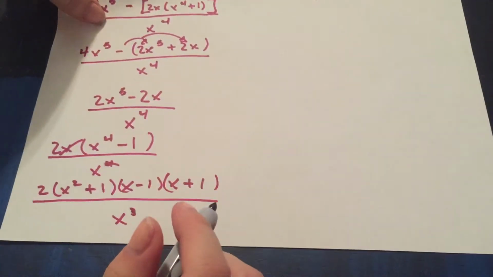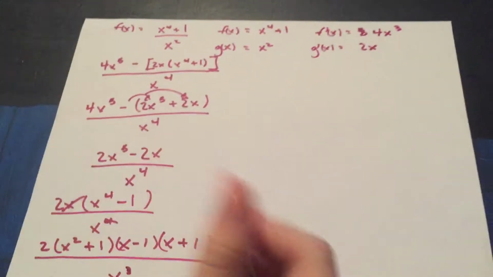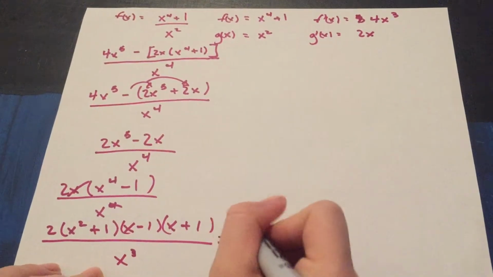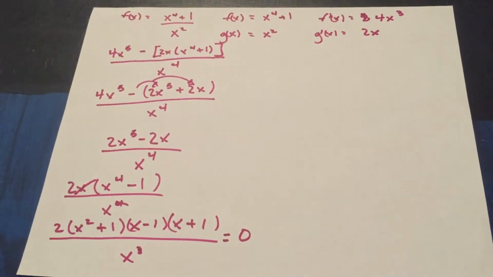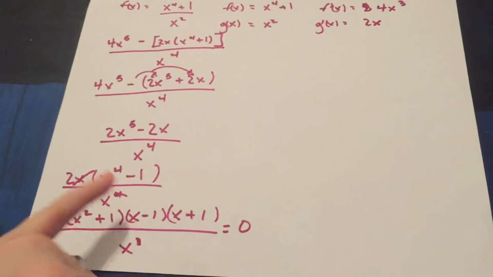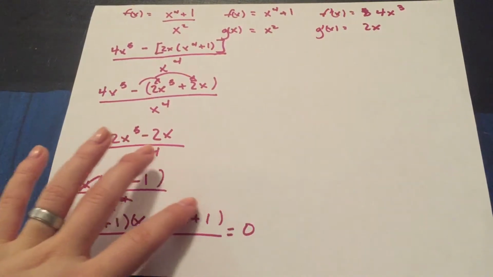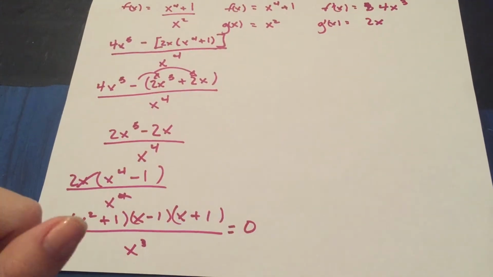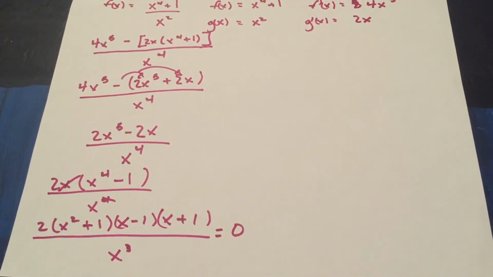So this is basically just getting the derivative. So we have the derivative, and now we need to set it equal to 0. When we are setting it equal to 0, we're going to look at each individual piece, since these are all being multiplied by each other. If one of them is 0, it makes the whole thing 0.